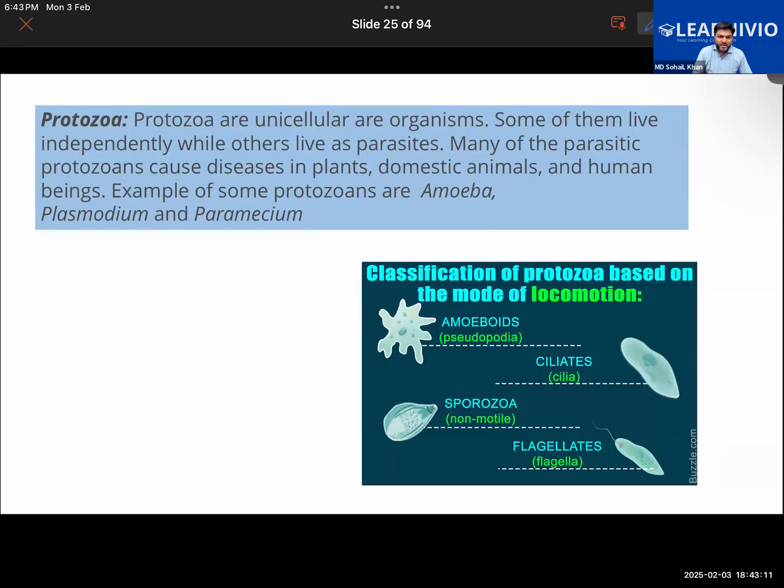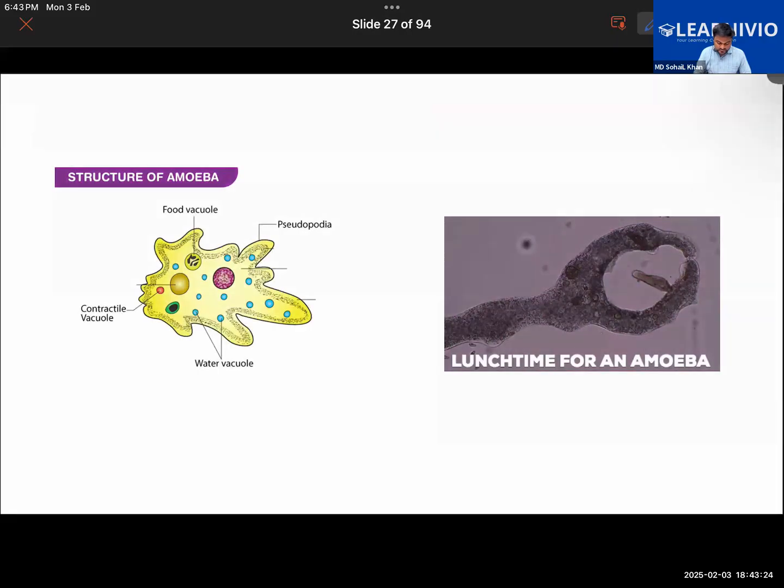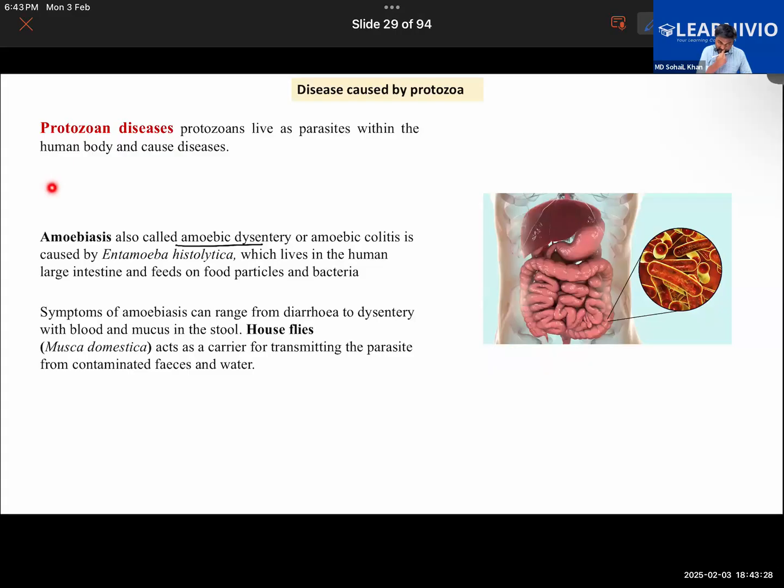Many of them would be responsible for causing diseases in humans, in animals, and even in plants. For example, we have a disease like amoebic dysentery, which is caused by a protozoa.